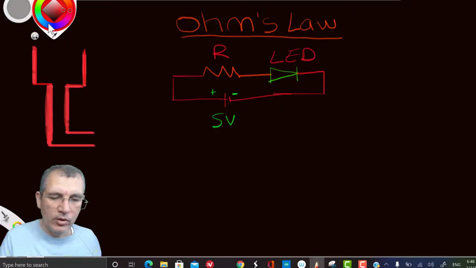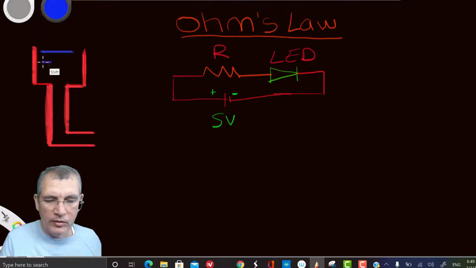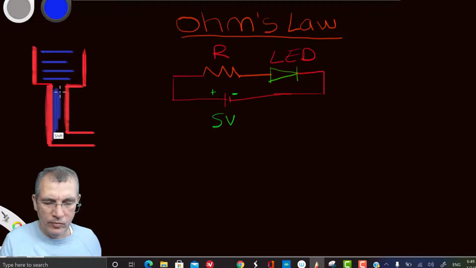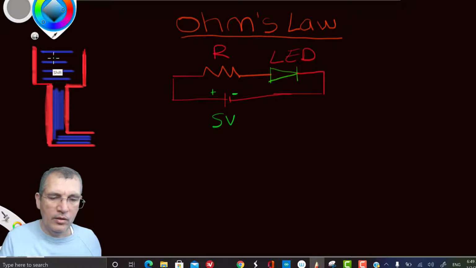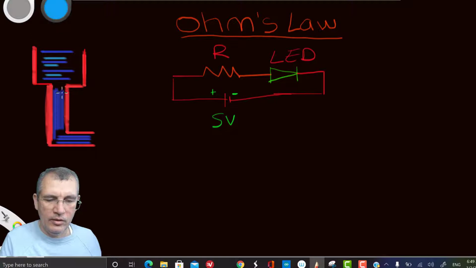Let's put a nice blue here, and imagine water is streaming down here. I like these colors. I just want to be a little bit fancy with the coloring.